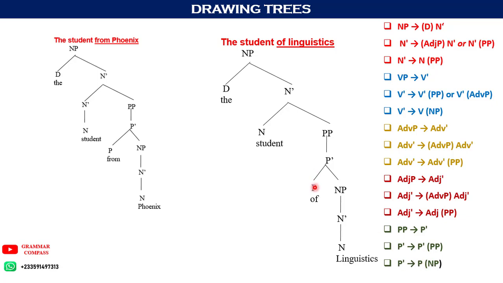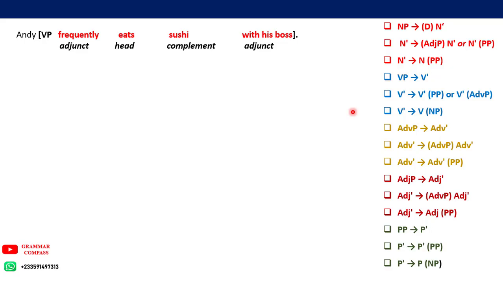We bring our P and then our NP. What is our NP? It consists of only one word. Even if it consists of only one word, the minimal form should be an NP, which moves to an N bar and then to an N, which is linguistics. Here, if you want to know whether you are correct, you start checking it with the rules that we have. Let us move on to look at the verb phrase.